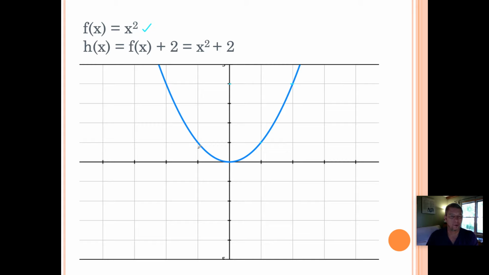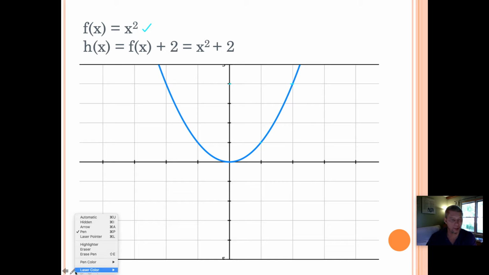And -1 squared is 1, and -2 squared is 4, all right? So the blue line represents the graph of f of x equals x squared. Now, if I want to move this graph upward by 2 places, shift it upward by 2 units, then I have to add 2 to the y value, all right?